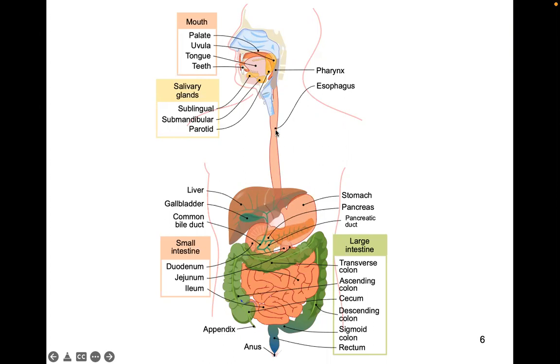Okay. So once you get the food bolus through the esophagus, you're no longer in control of it, right? Now peristalsis kicks in and moves that bolus of food through your body. So it's going to end up in the stomach, and it's going to go through by way of a sphincter. We have what's called the lower esophageal sphincter. Sometimes you just call it the cardiac sphincter.